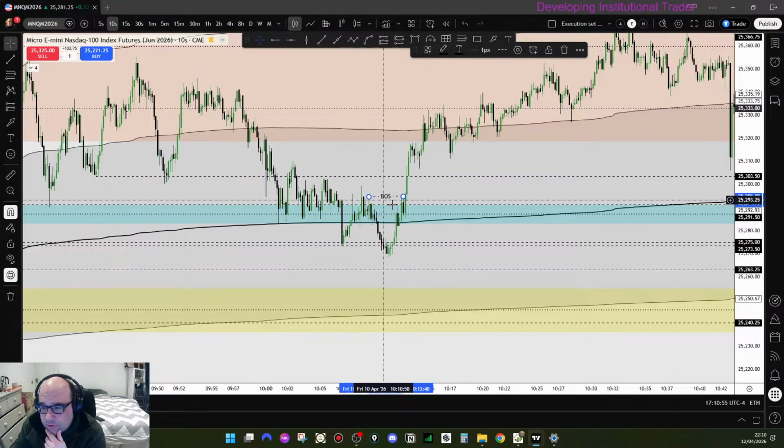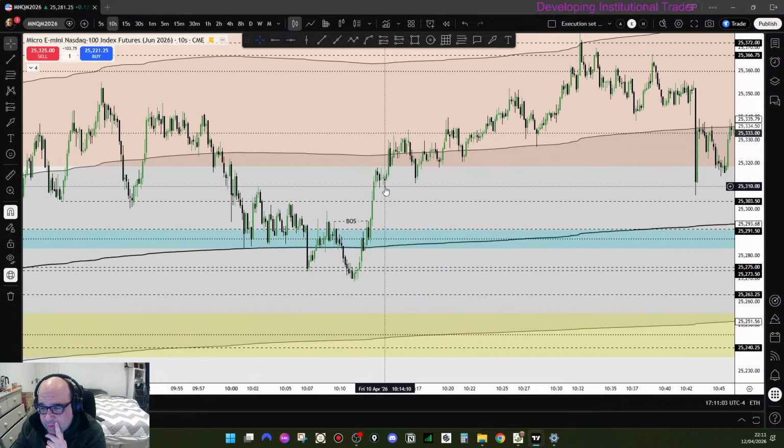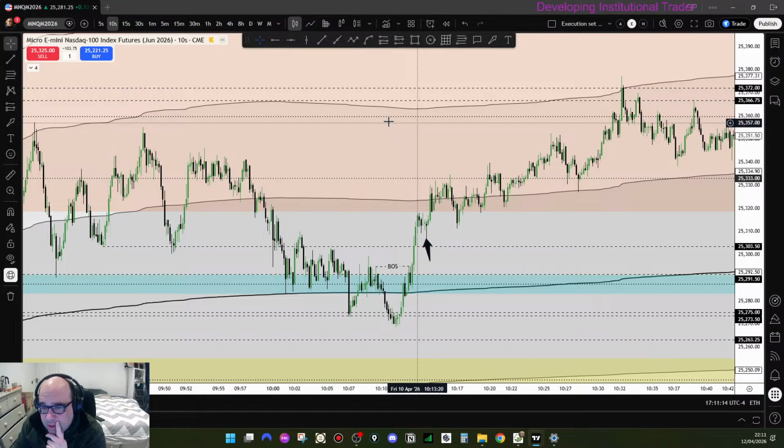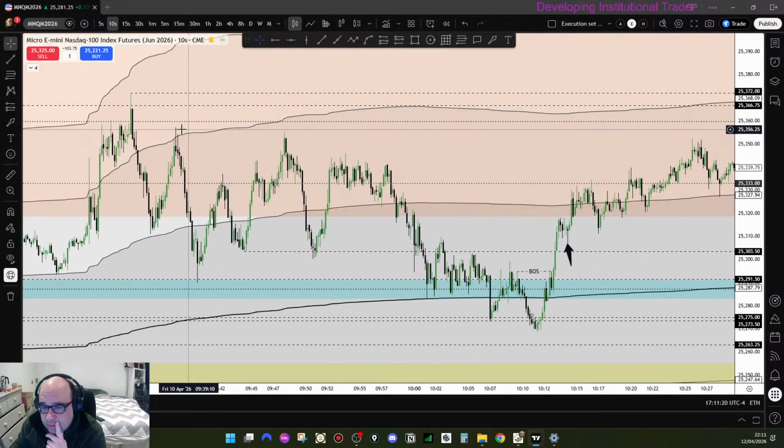Okay, so the break of structure happened here. Someone could enter right away, or someone could wait for the pullback, which happened here. You could take the long from here, aiming for this internal liquidity, spots 1, 2, 3.